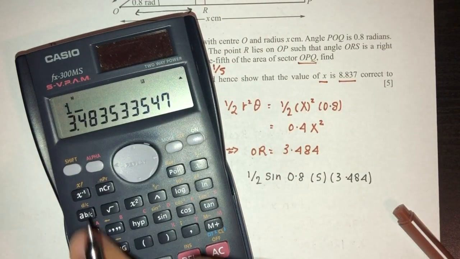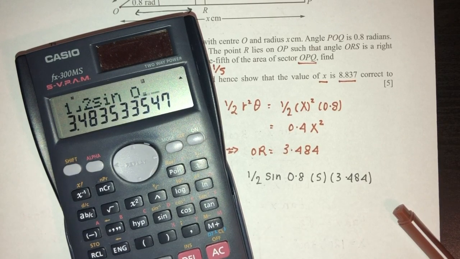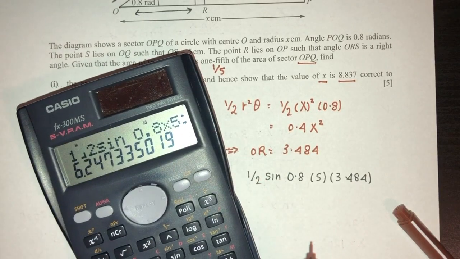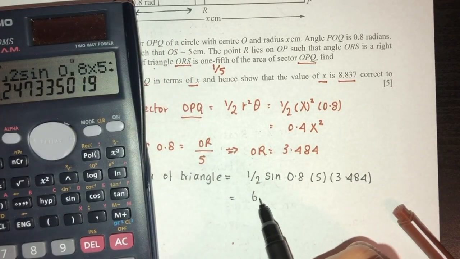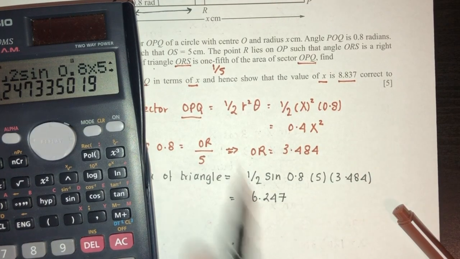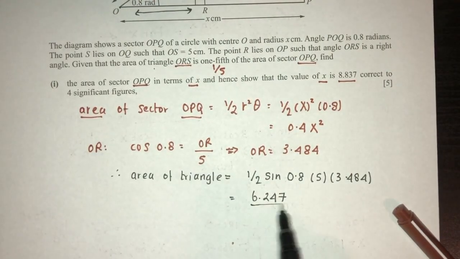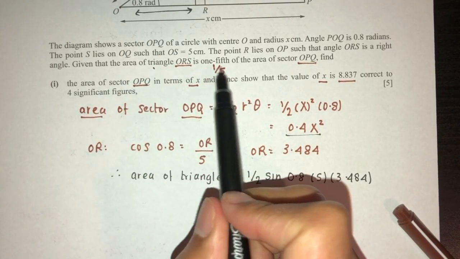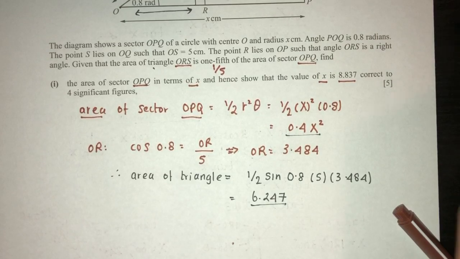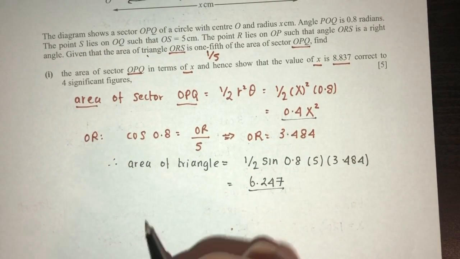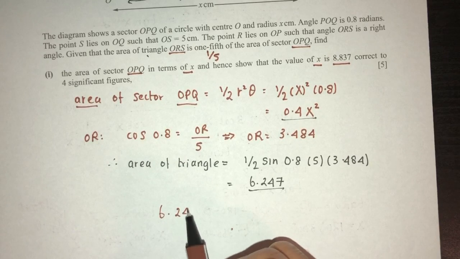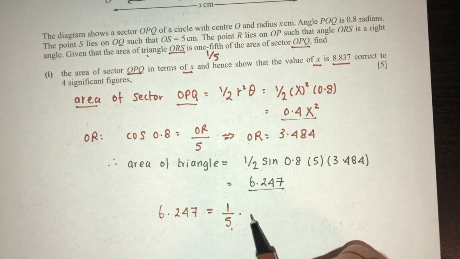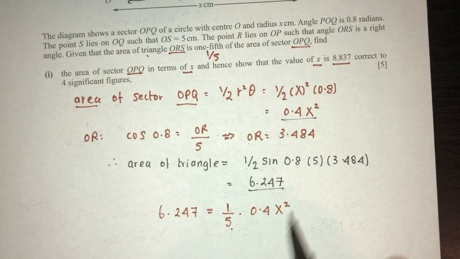So half times sine of 0.8 times 5 times 3.484, that should give you 6.247. Now, since we know the area of triangle and we know the area of sector, we have to use this information. It says area of triangle is 1/5 the area of sector. So basically, area of triangle, which is 6.247, is 1/5 of area of sector, which is 0.4x squared.